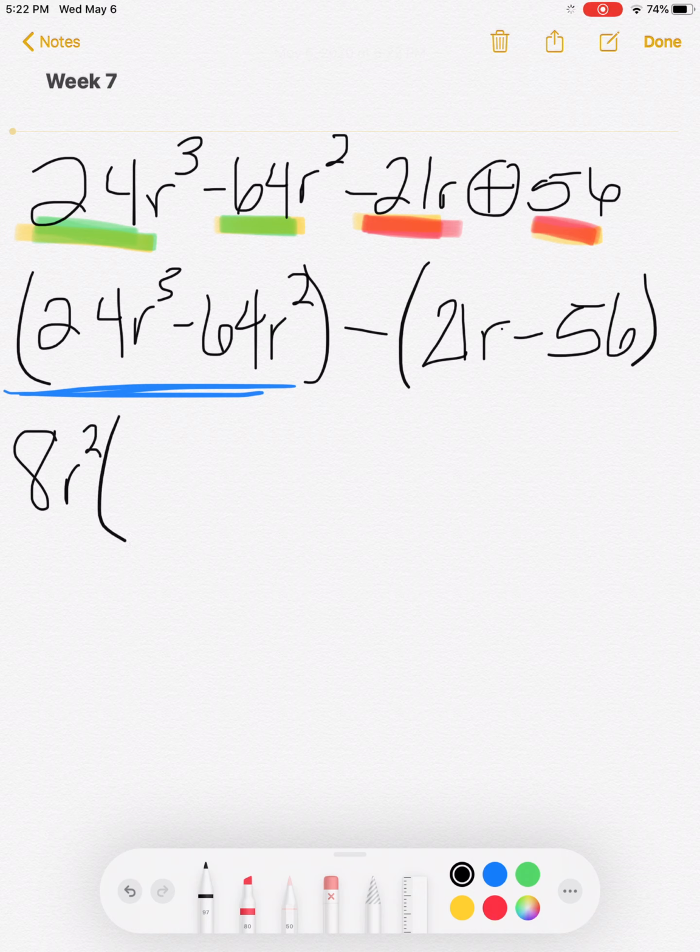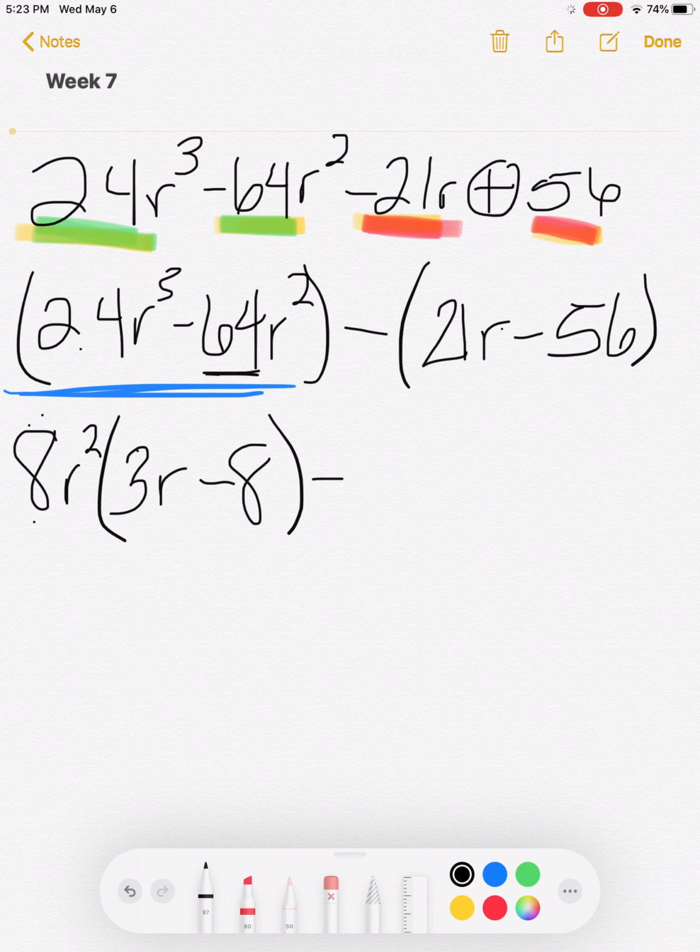If I do 24 divided by 8, that gives me 3, and I'm still left with 1 r because I had 3 r's and I took out 2. Minus, and if I did 64 and took out an 8, that leaves me 8 because 8 times 8 is 64, and I took out those r squared, so I don't have that anymore. I could check by distributing. 8 times 3 is 24, 8 times 8 is 64, so I did that right.